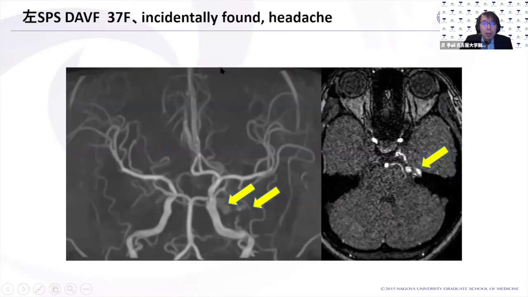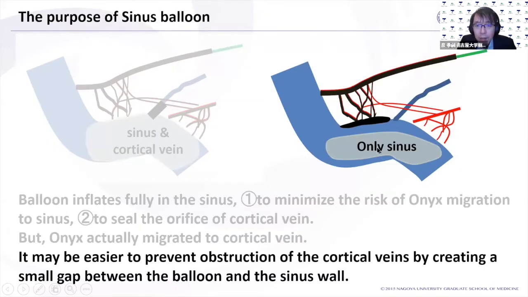So it's a very key point to prevent obstruction of the cortical vein. Too much inflation of the sinus balloon is not so safe, I think.